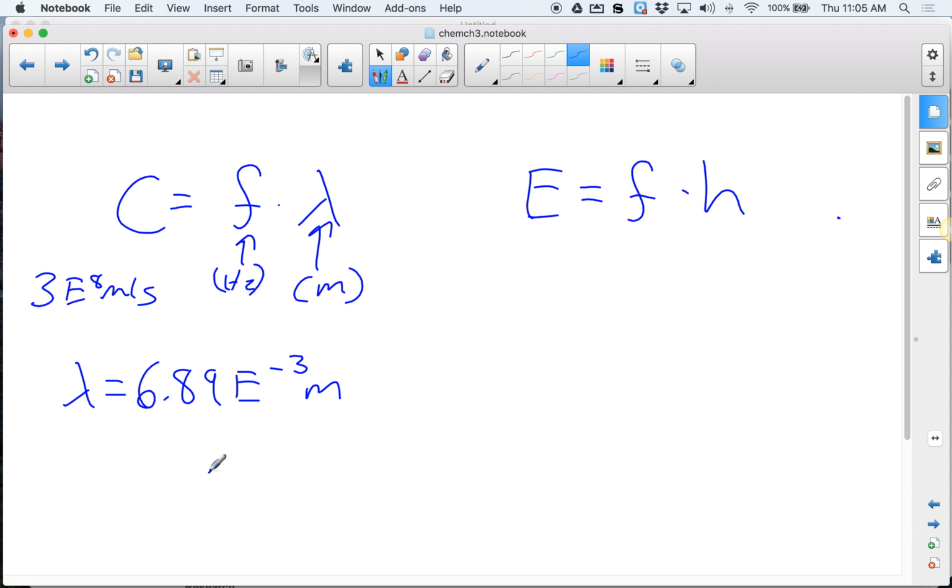In this case, you should get a frequency of 4.35 times 10 to the 10th hertz. Does everybody feel comfortable with that?